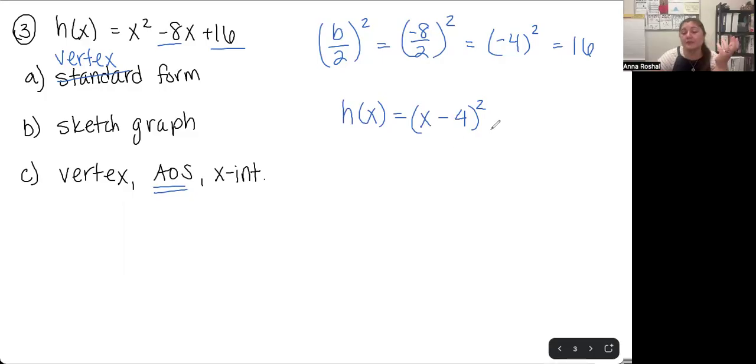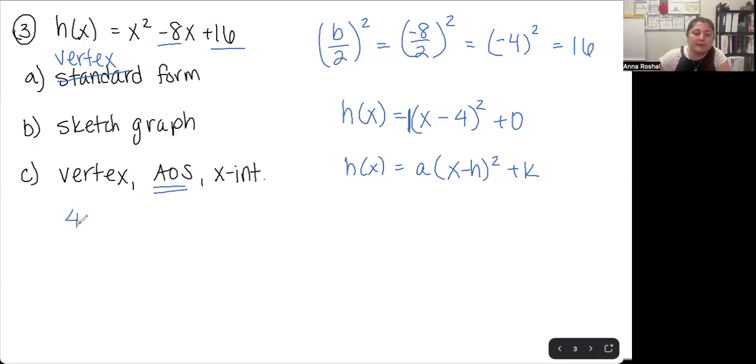So this is my vertex form, in the sense that I'm not moving up or down in my function when I am graphing it. The other thing we need to remember is when we look at vertex form, I've got my stretch, and then I've got the H and the K, and that really gives me my vertex. In this case, because there's this +0, and because there's this 1 in the front, I don't have any vertical stretches, but I do have a movement of 4 units to the right and 0 units up or down.